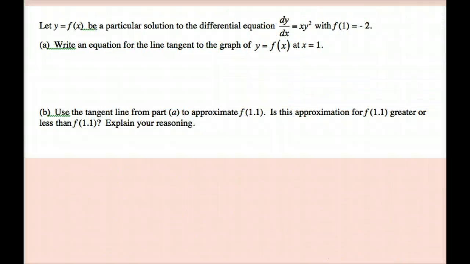The next one gives an equation and this point: f of 1 is equal to negative 2, and it gives me a derivative right here. It says to write the equation of a tangent line when x is equal to 1.